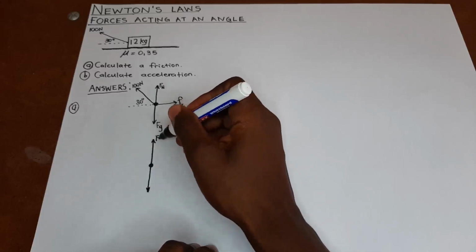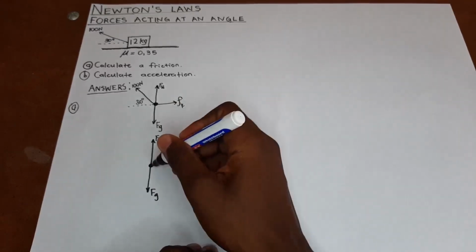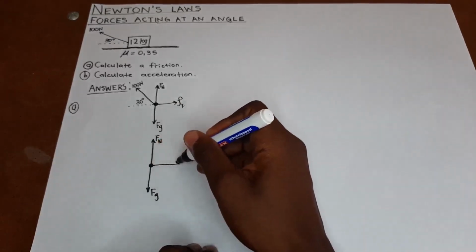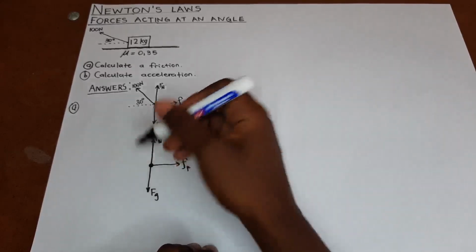So this is our normal force, this is our gravitational force, and this is the kinetic frictional force opposing the motion.